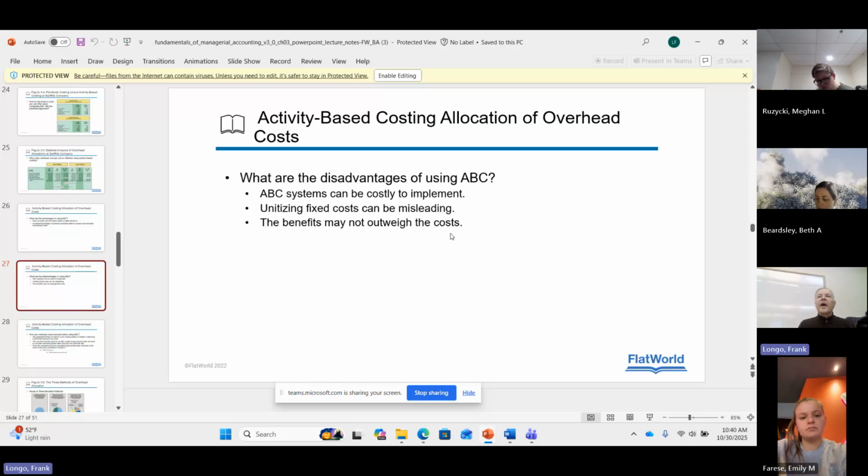If it costs you $5 to save $2, you didn't save anything. And part of the trouble is you may not know that until after you've completed the process. So what do you do then? Well, you may switch in the future. Remember, this is a company's choice of a method of allocating overhead.